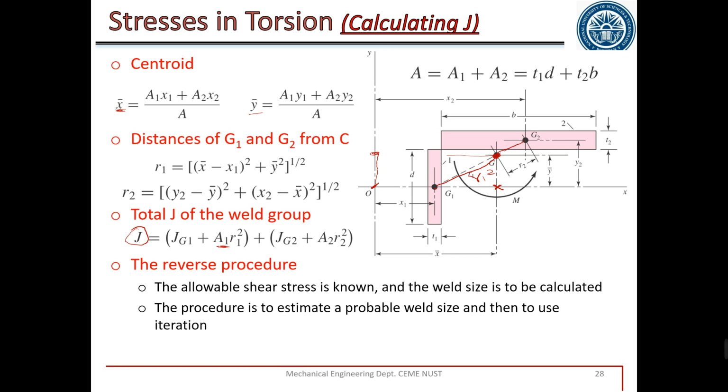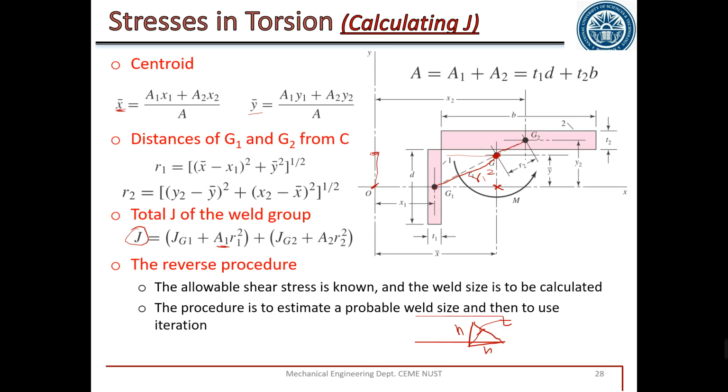What is weld size? Weld size is height of weld. For example, in case of fillet weld, this was h and this was h and this was t. So we estimate one value of weld size and then we calculate and see if the required answer is achieved. Otherwise we need to check another value of h.